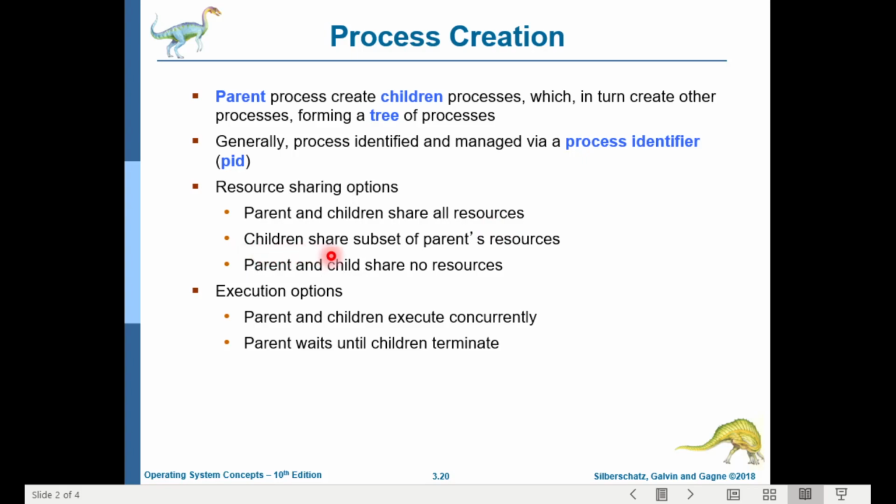The second option, children share a subset of parent resources, meaning that the resources are limited for children, and the parent only allows a subset of its resources to be shared by its children. The last option, parent and child share no resources. In this situation, the child will get the resources directly from the OS.